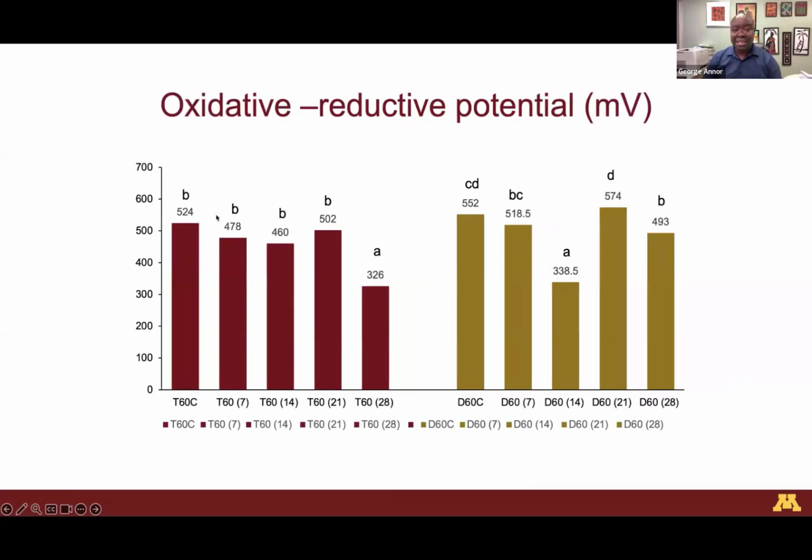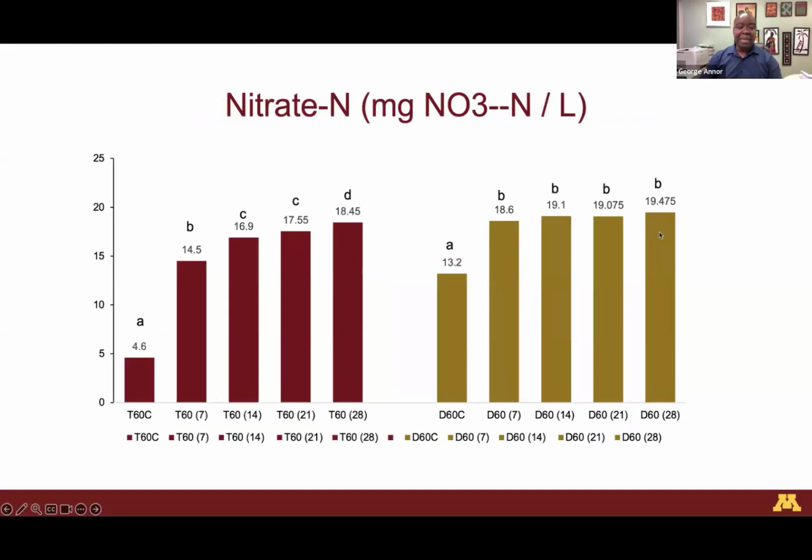Oxidative reductive potential, actually, we saw a slight reduction in the reactivity of the water. We started from 528 and went to about 326 for tap water. For the deionized water, it fluctuated, but even after the 28 days, we only dropped from 552 to 493. So that water is still good for use.